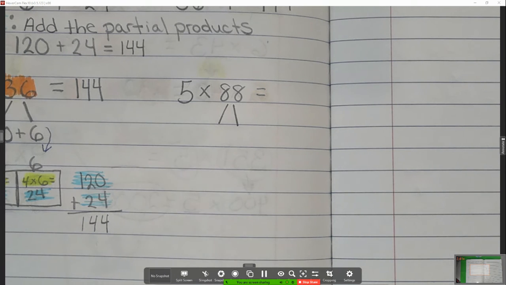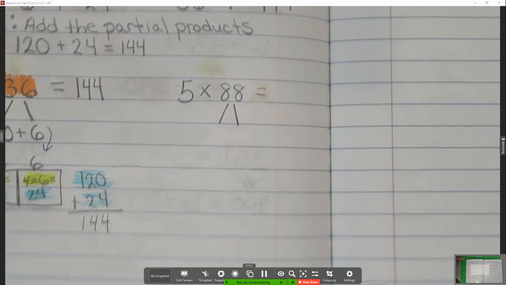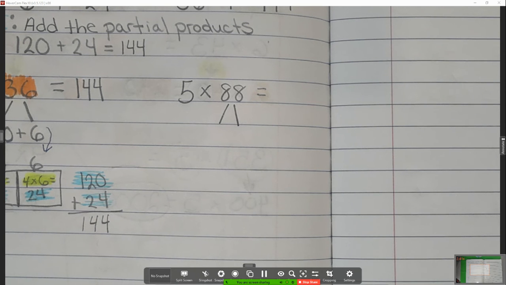Now remember, expanding is writing it in an expanded form. Who can tell me how I expand 88? Wyatt, help me out here. How can I expand the number 88?